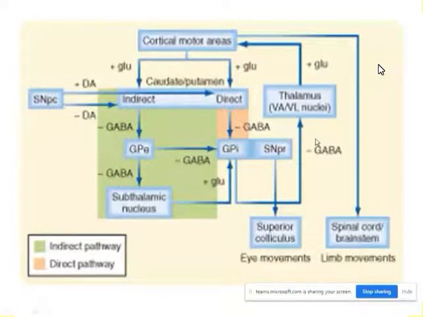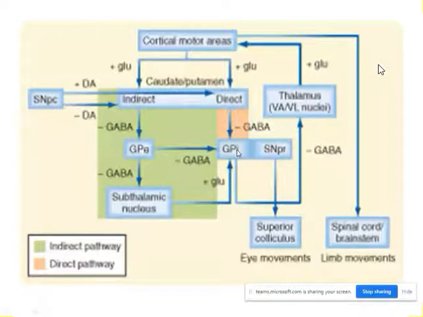Again, if the production of glutamate is high, since it is an excitatory neurotransmitter, the production of GABA from the striatum will be high. So when GABA production from the striatum is high, what will happen to the GABA from the globus pallidus interior part? Low or high? Low.